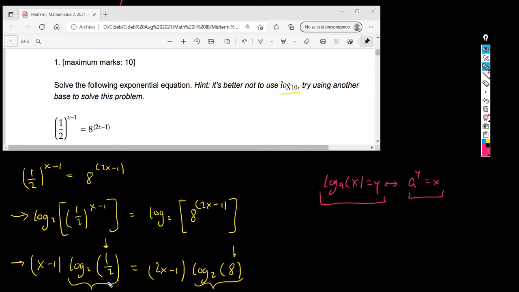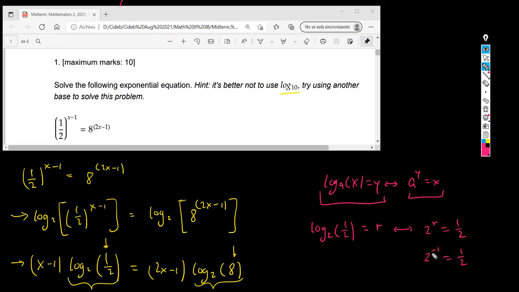So basically, if I want to calculate the logarithm base 2 of 1/2, and I say that the result is r, I'm just labeling this result r. Then if I put this in exponential notation, I get 2 to the r being equal to 1/2. And like I told you before, 1/2 is 2 to the minus 1.